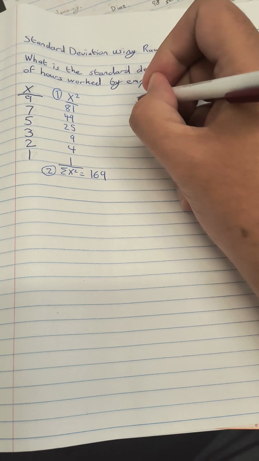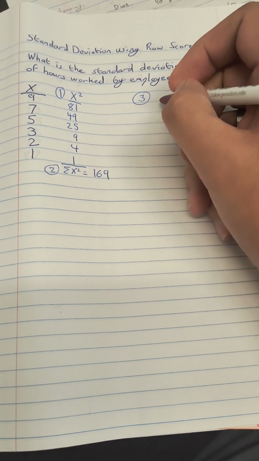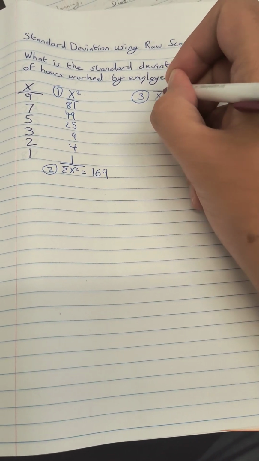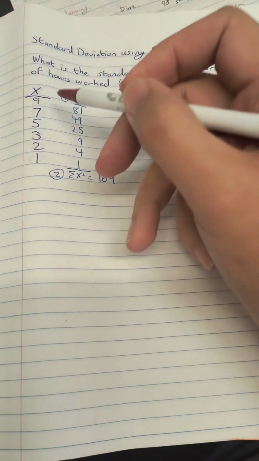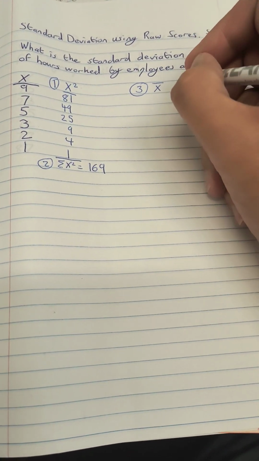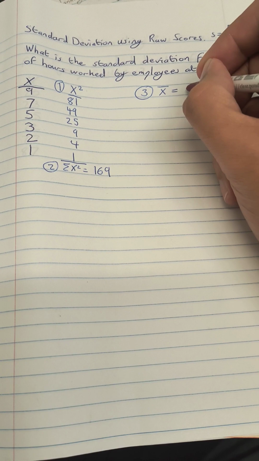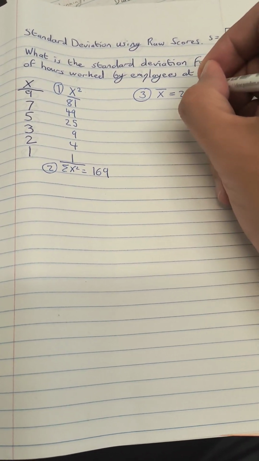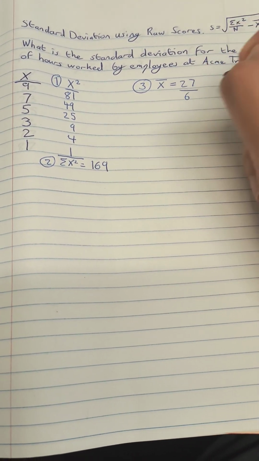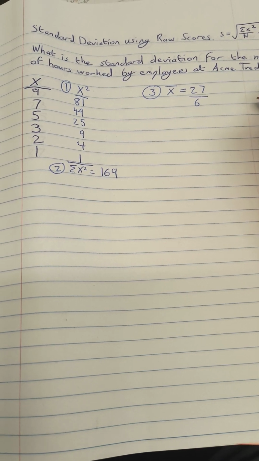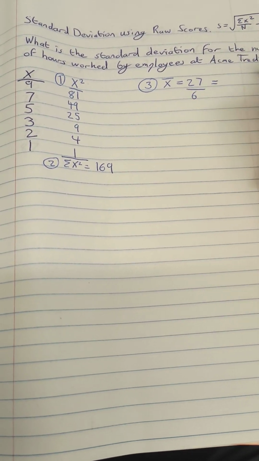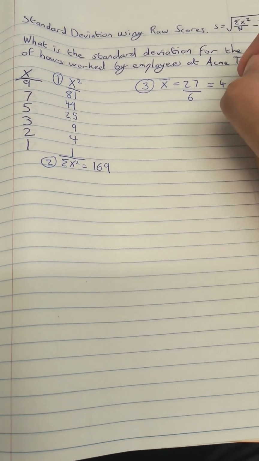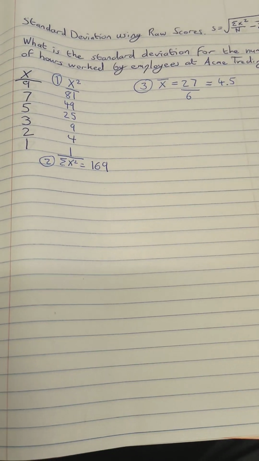We need to calculate the mean and then square it. So calculate the mean first, summing the x column. Total value of the x column is 27. There are 6 cases, and dividing 27 by 6 equals 4.5.